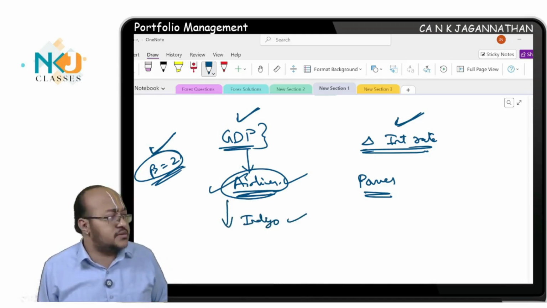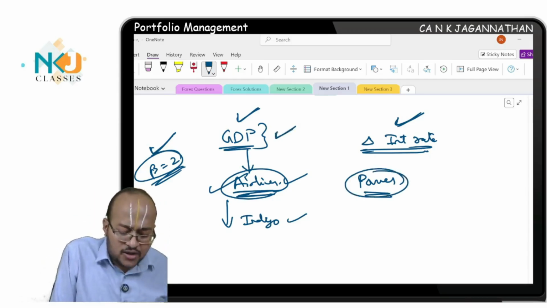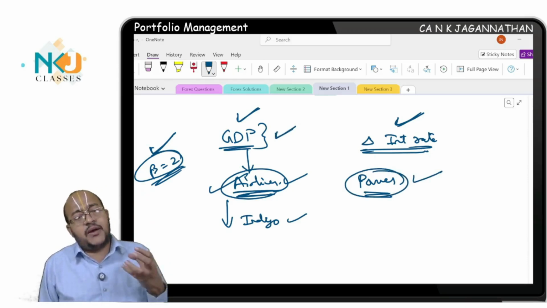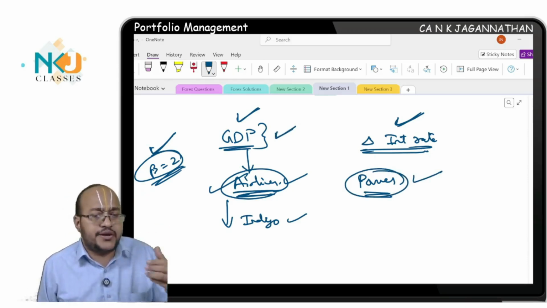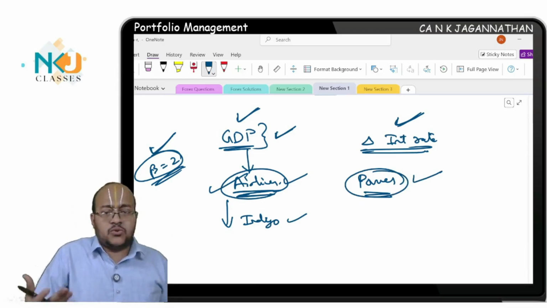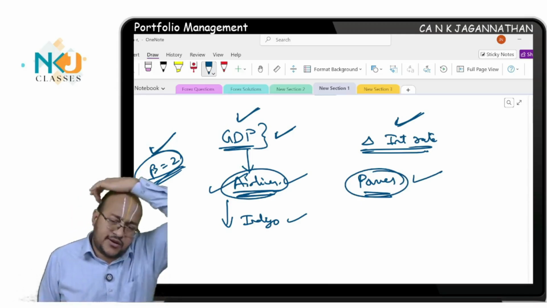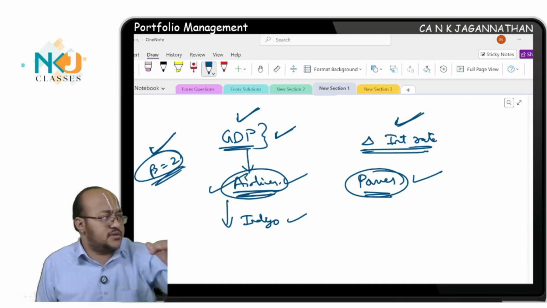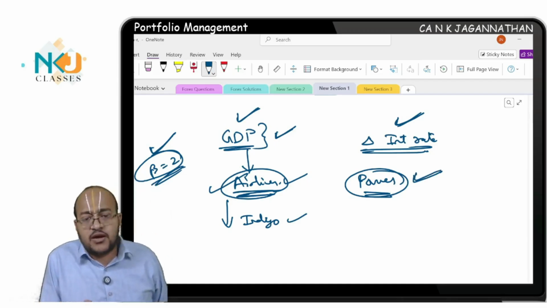The airline business will be heavily impacted by GDP change, but the impact will not be the same for a power based utility company. For example, take consumption oriented companies like Britannia, Marico. Will you stop eating biscuits if the GDP changes? It will never happen. Fairly, it is a stable business. And will you stop consuming power? It is never possible.